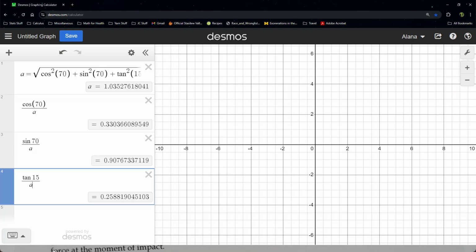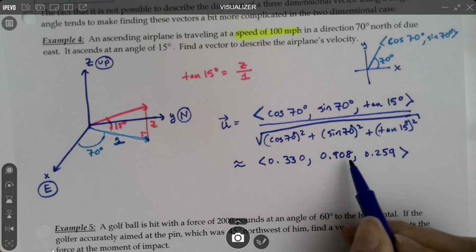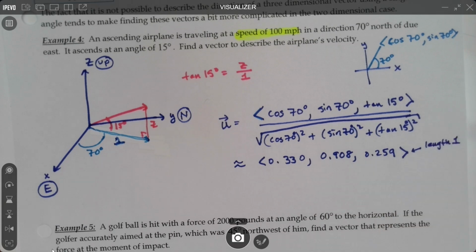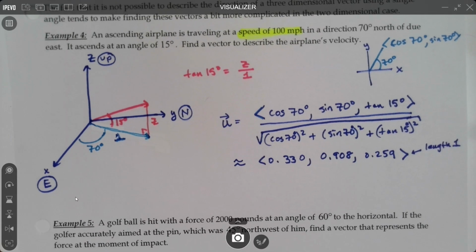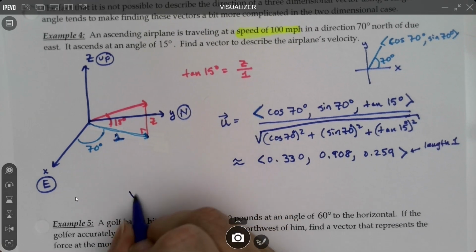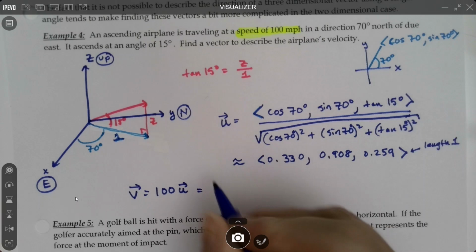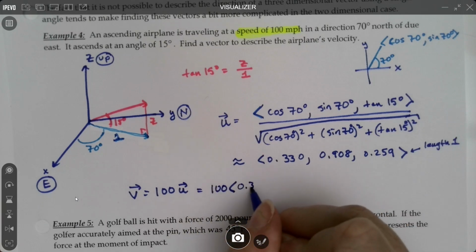Okay, but that's not the length of 100. This is a unit vector. Its length would be 1. Right? That's the whole point. So this is length 1. Now, how do I make it so that the speed is 100? Well, what you do is your vector v is 100 u. So you just take 100 and you multiply it by each of those pieces.